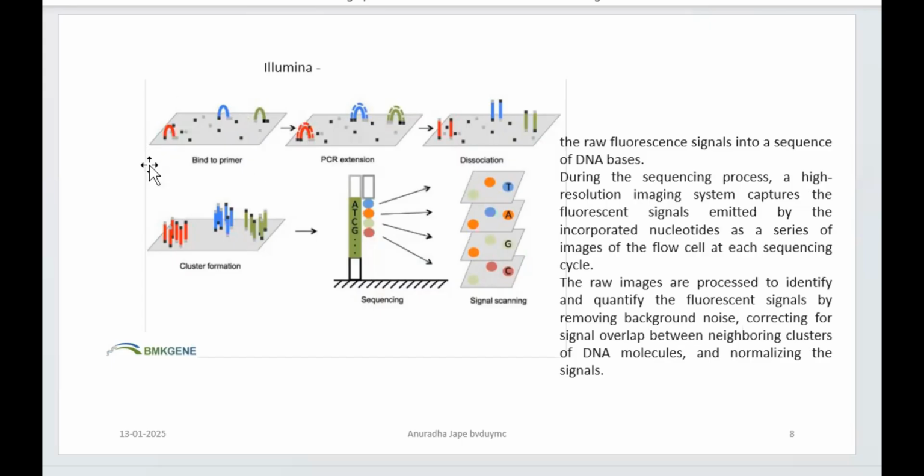You have added the fragmented DNA, and the fragmented DNA, at one end, at its 5 prime, you have added phosphate, so it is phosphorylated. At 3 prime you have added an adenine nucleotide, so it is adenylated, and further it is extended with an adapter, right? The adapter has T overhangs, so that is added. So this is the flow cell. It has got lanes. These colored dots, do you see?